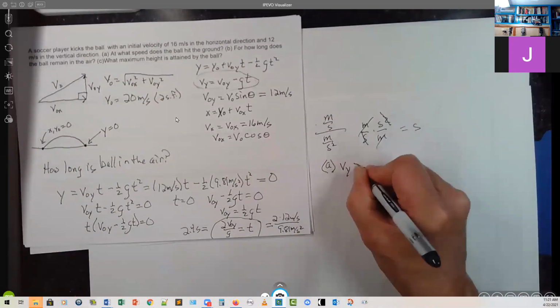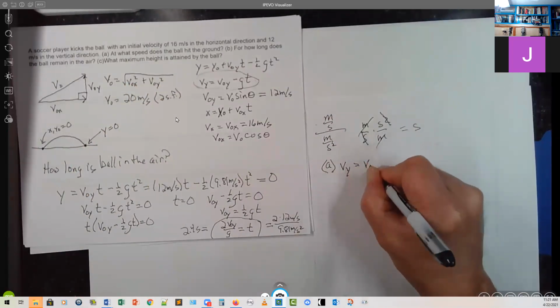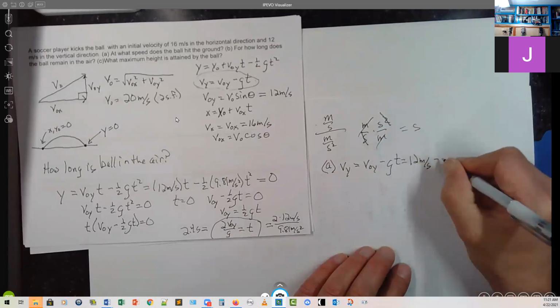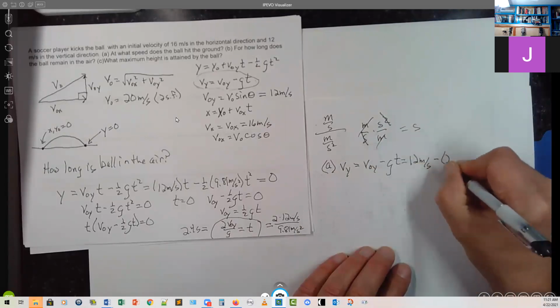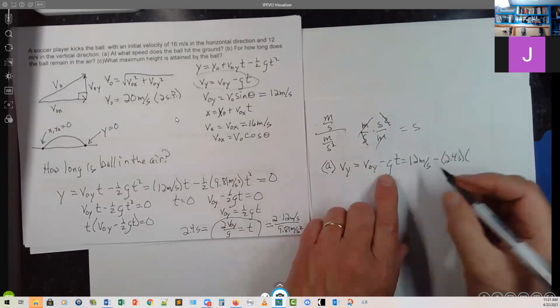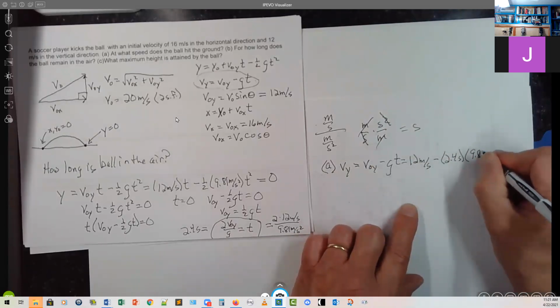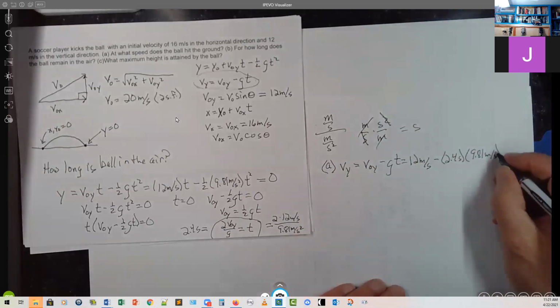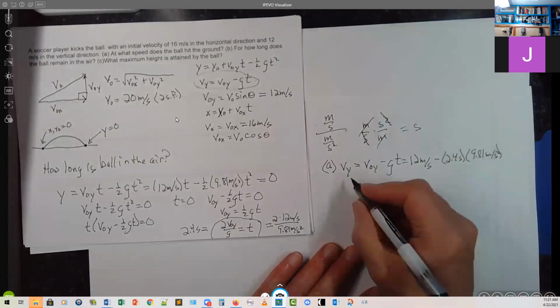V sub y will equal v naught y minus gt, which is going to equal 12 meters per second. They gave me that, minus 2.4 seconds, that was the t, times 9.81 meters per second. Oh, and I'll show you meters per second squared. I'll show you something here in a minute.